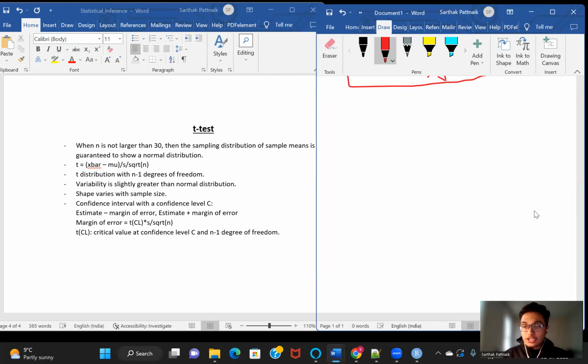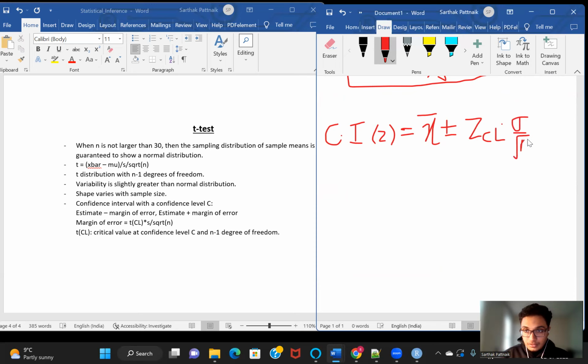The critical t-value calculation we'll be seeing in our upcoming sessions, but if I have to extrapolate the results of confidence interval that we saw for our z-test, for z-test, our confidence interval was x bar plus and minus critical value of z into sigma by root n.